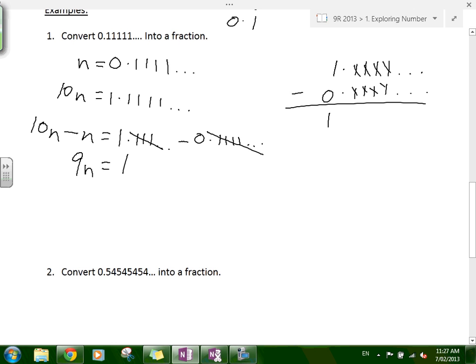So what's n equal to? How do I get n on its own here? I have to divide both sides by 9. So n equals, N equals what as a fraction? 1/9, thank you.